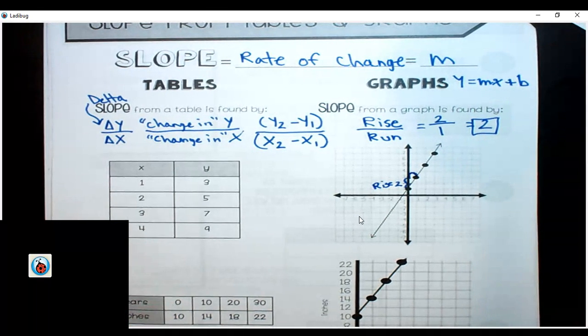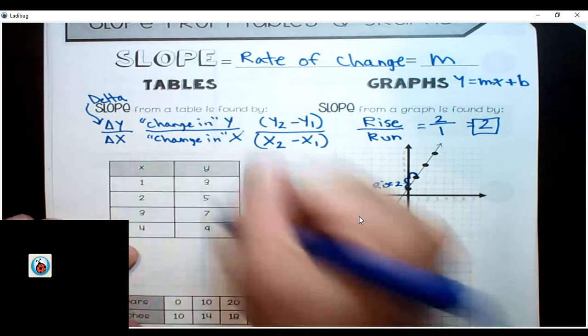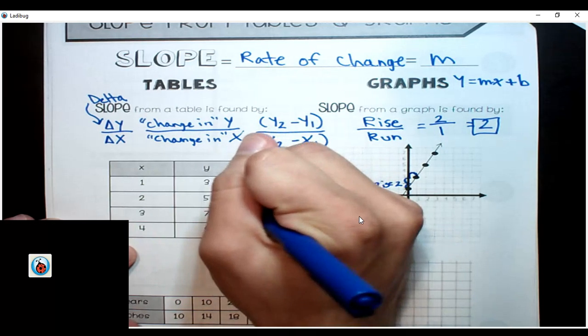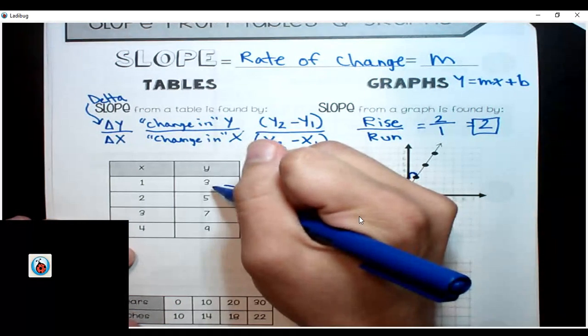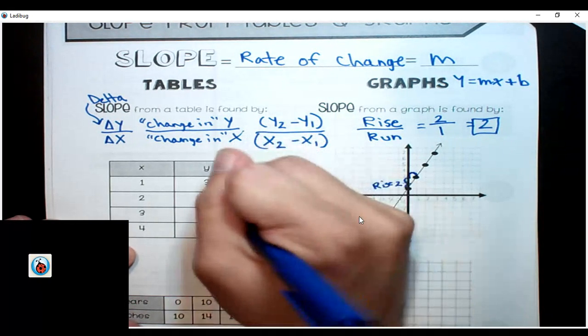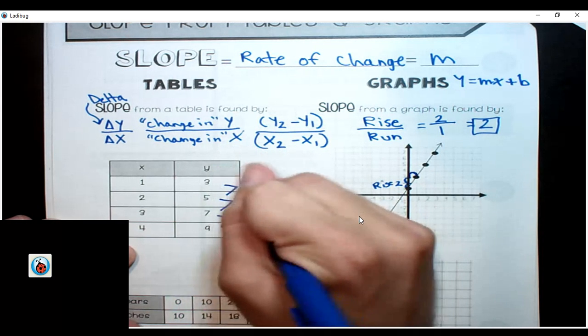Let's take a look at the table over here. You want to find the change going from here to here, from here to here. Count how many units you're moving up. So 3 to 5 is plus 2, you're adding 2. 5 to 7, you're also adding 2. 7 to 9, adding 2 as well.